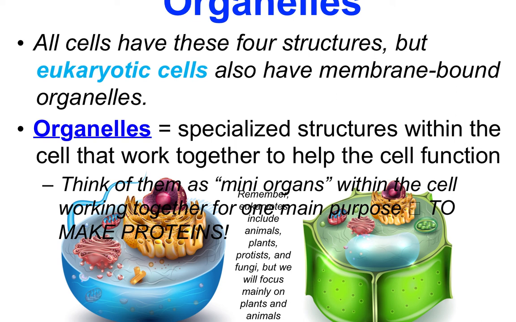But we're going to focus mainly on the plant and animal types of eukaryotes. And that's why oftentimes you will see these eukaryotic cells labeled as animal cells. It's just to note that there's a difference. It's talking about the eukaryotic cells, which are very complex, and so usually they belong to the group of organisms called animals, of which you and I are.